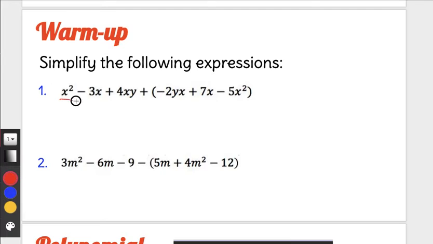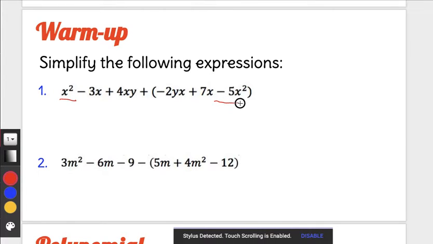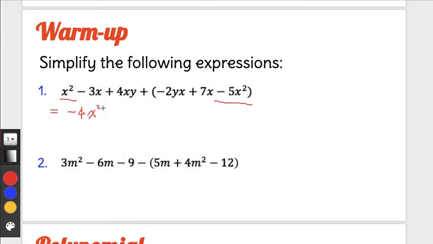So let's check x squared. We do have negative 5x squared, so it's going to be negative 4x squared, then negative 3x plus 7x is going to be 4x, and 4xy plus negative 2yx, then there's going to be 2xy.